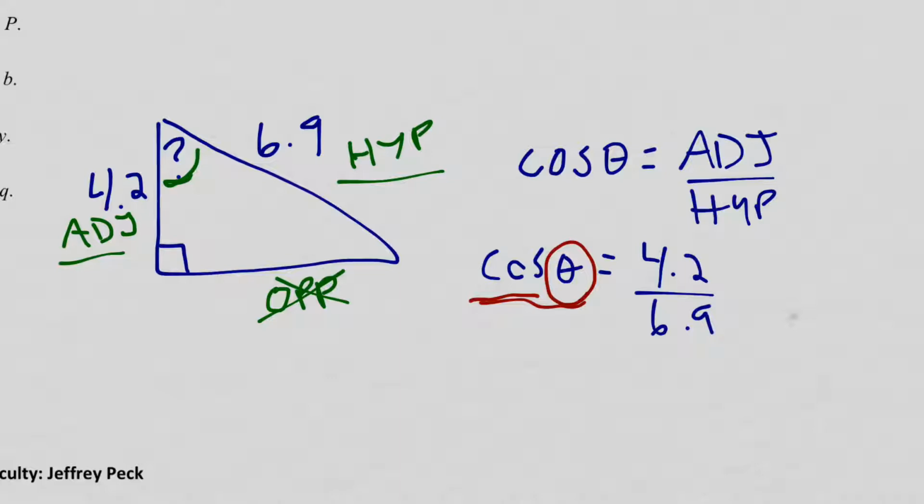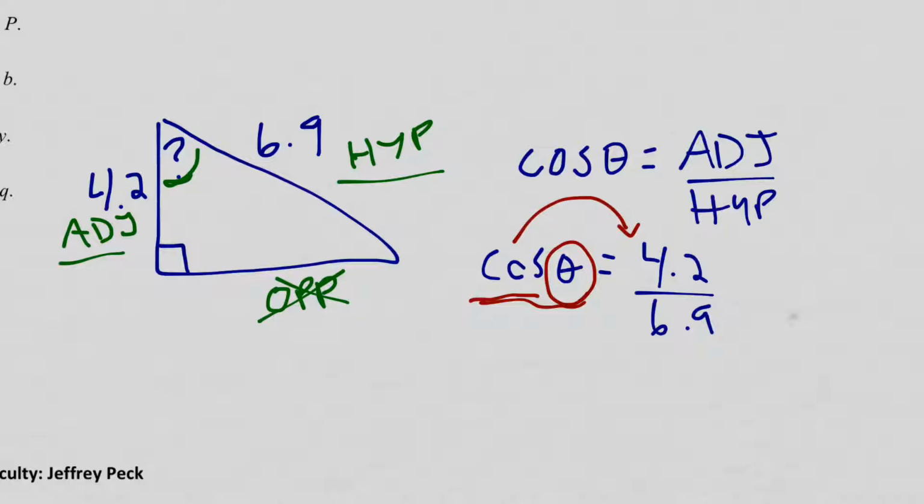So this is again a shortcut. We talk about some methods and details about this in class. But if we were to solve for it and isolate the angle, we need to take the inverse of the cosine function.